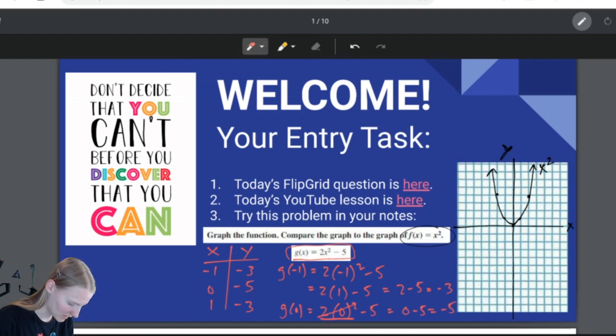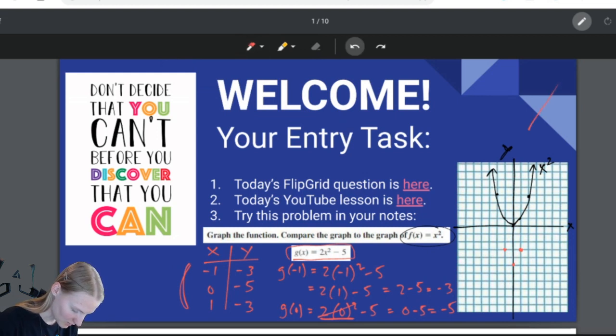Okay, so now let's plot all of these points. Perfect. Now let's connect the dots. Oh goodness, not like that.